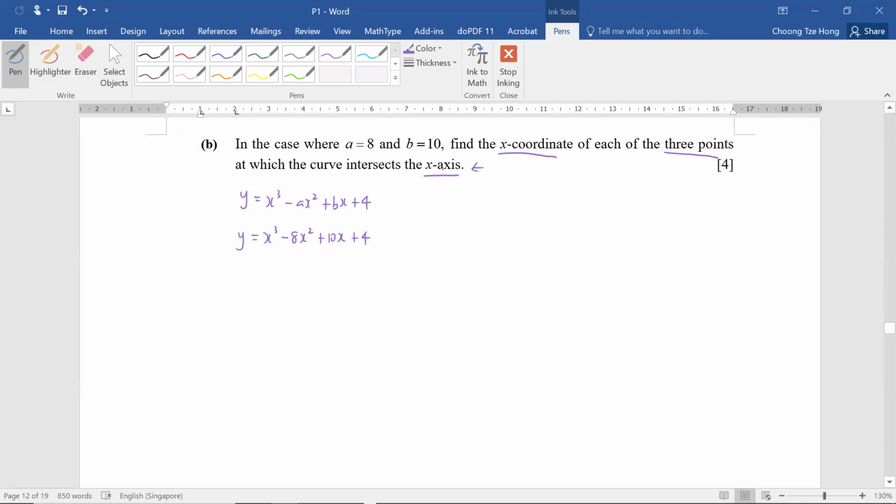So at the x-axis, what can we say about the y-coordinate of the 3 points? Any point on the x-axis has y-coordinate equal to 0, right? So basically what they want us to do is just to replace the y with 0, then we get a cubic equation, and all we need to do is solve that cubic equation to get the 3 values of x, all right? So at the x-axis, y will be equal to 0, so equate the whole thing to 0.